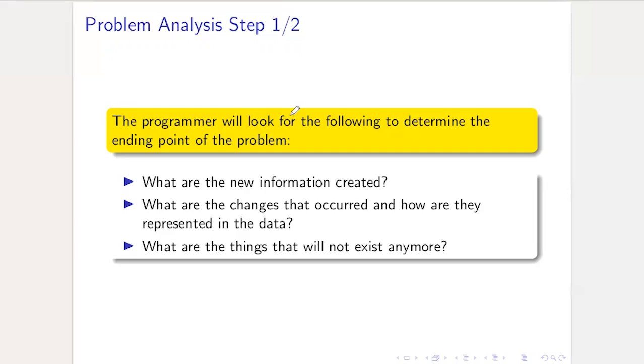So the removal of a random order and getting them into alphabetical order is what you want to achieve if your intention is to sort some data. So like that you have to look at these kinds of aspects: what's the new information created, what are the changes that occurred, and what are the things that do not exist anymore, as pointers to figure out whether you have reached the endpoint.